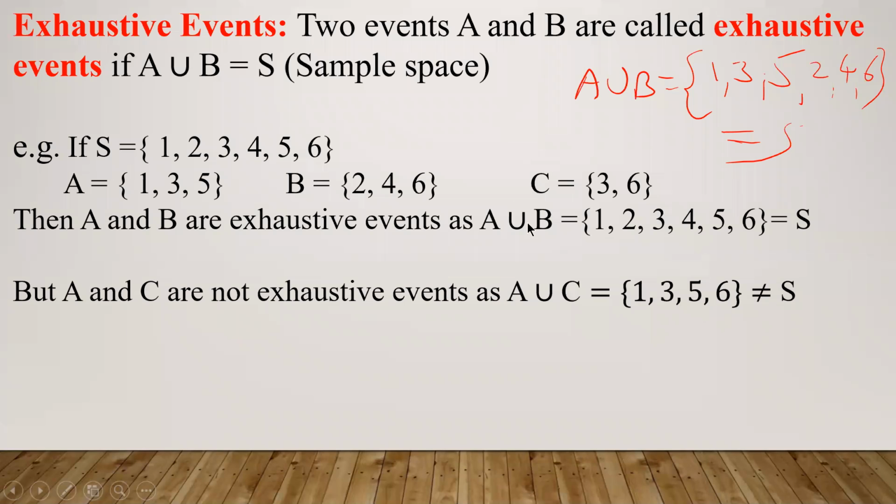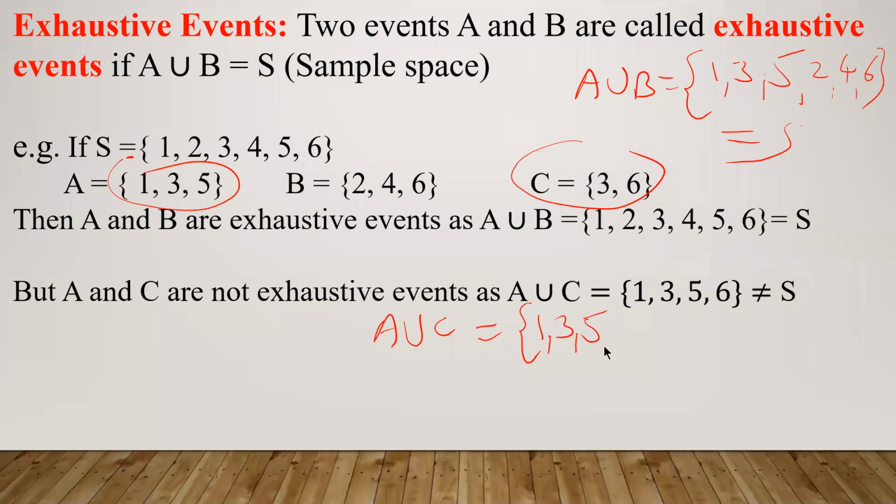What about A and C? Let us see. A क्या है? A is the event of getting an odd number, and C क्या है? Event of getting a number divisible by 3. Let us take the union of A and C. What will I get? A union C. First of all, I will write down the sample points of A, that is 1, 3, and 5. And from C, I will write down that point which I have not written here.